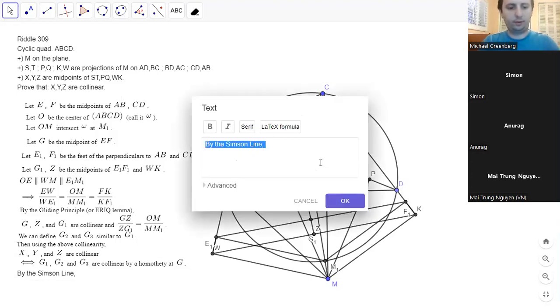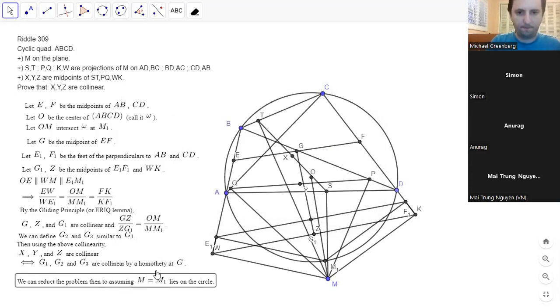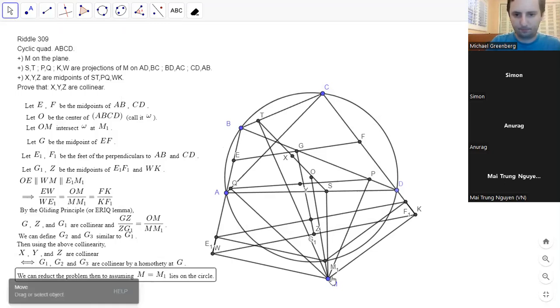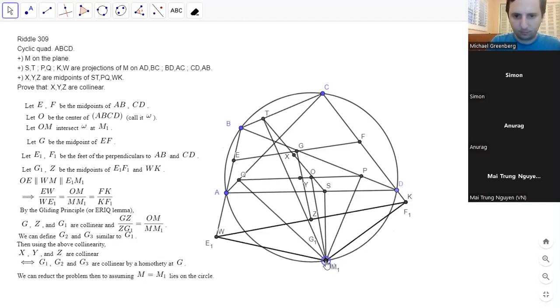So I'll just say we can reduce the problem then to assuming M equals M1 lies on the circle. And then once we do that, by the Simson line, we have a bunch of collinearities. So I'll write them all out.